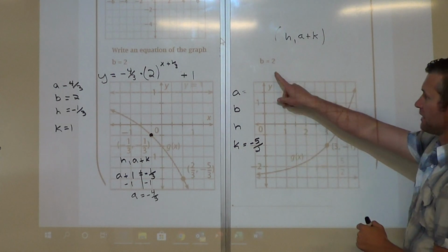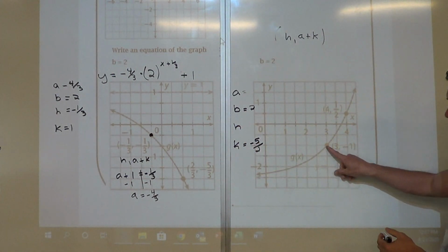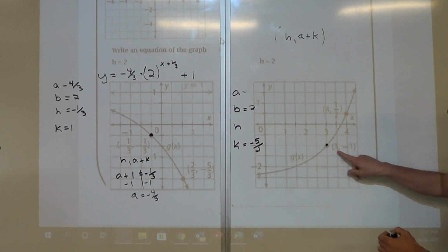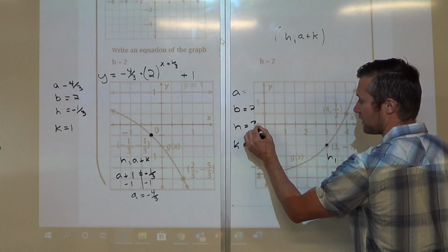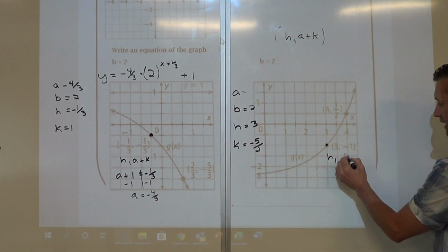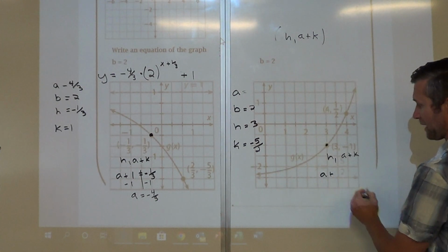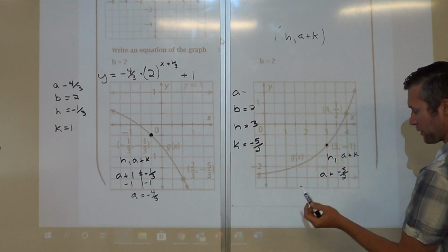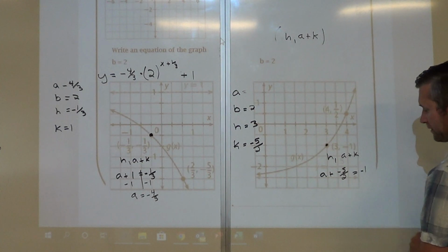Then I go through, they tell me my b value is 2. So then I go to my first reference point, the point closest to my asymptote. So that's 3. Again, that's my h value, is 3. And then it's a plus k, gives me that negative 1. So I go a, my k value is negative 5/2, again you could put that as 2.5, equals negative 1.